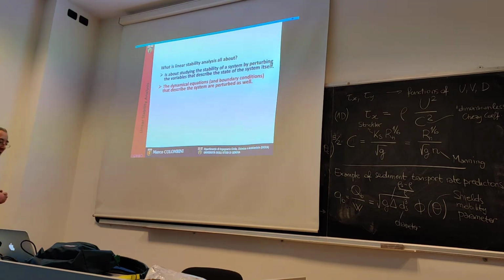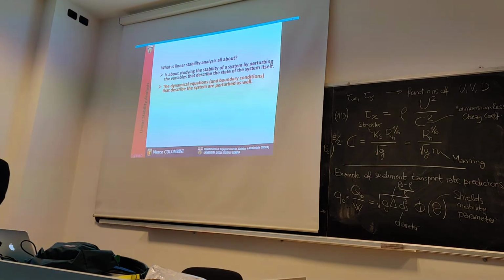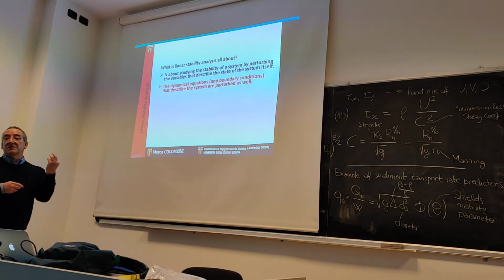Perturbing this equation means exactly studying the dynamics, how the system evolves in time, which is called the dynamics. So you perturb not only the variables, but also the equation that describes the state of the system.